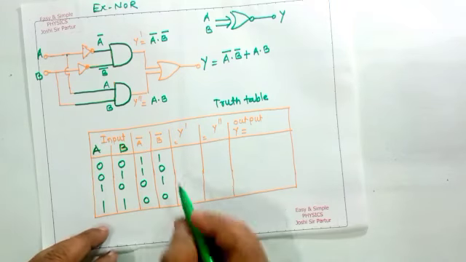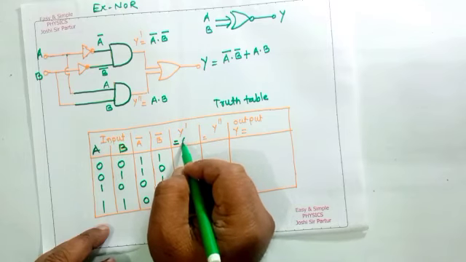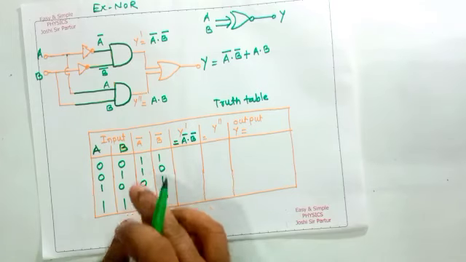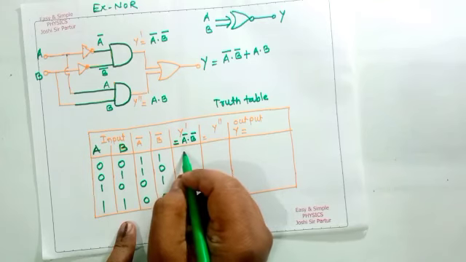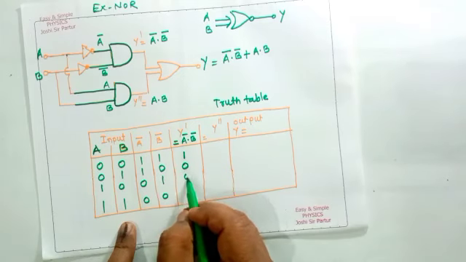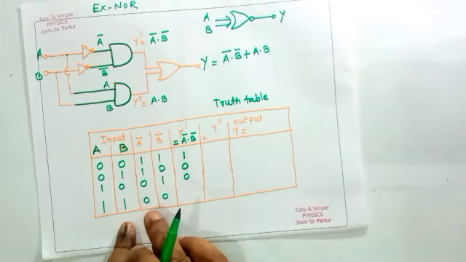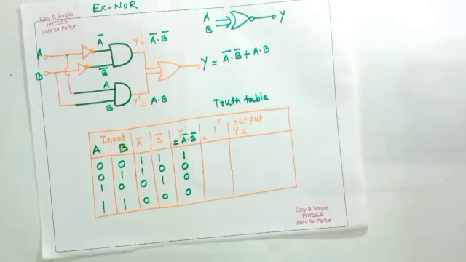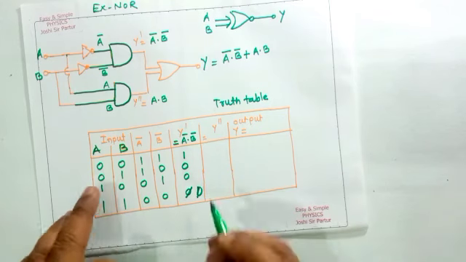So the first output Y dash will be complement A and complement B. See here, it will be high, low, high, and low.